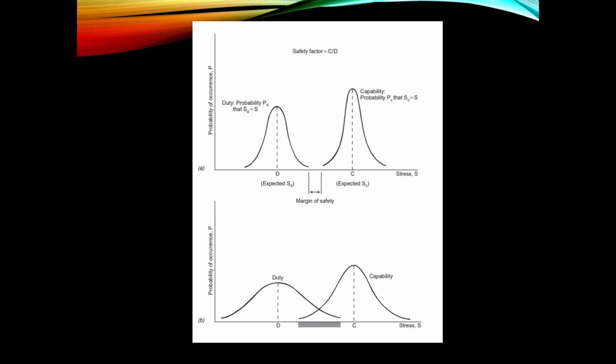That way you can avoid having a failure of the bridge when you happen to have the largest load on it. And the gap between those two numbers, the highest expected load and the least expected capability, is called the margin of safety.